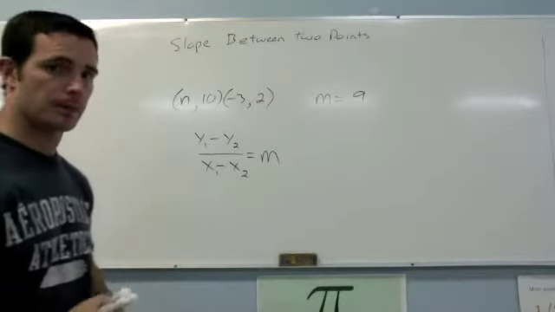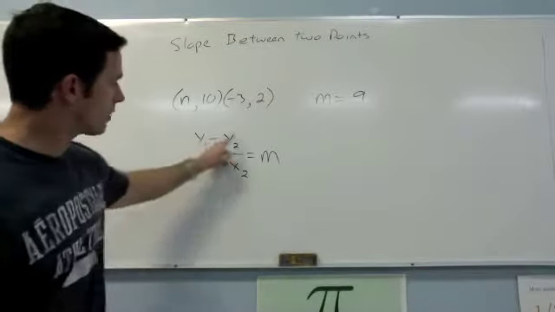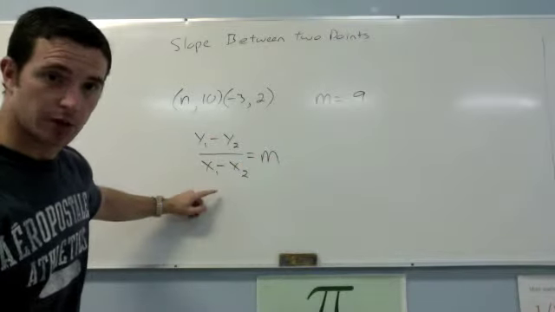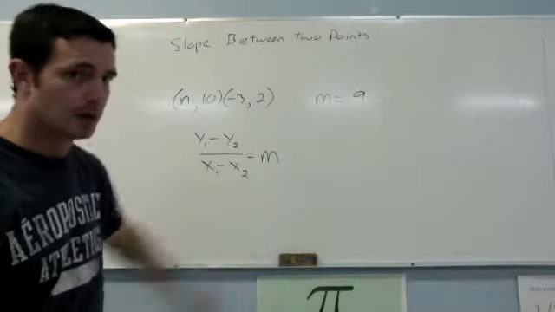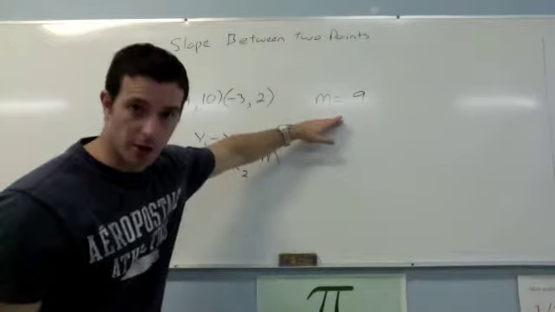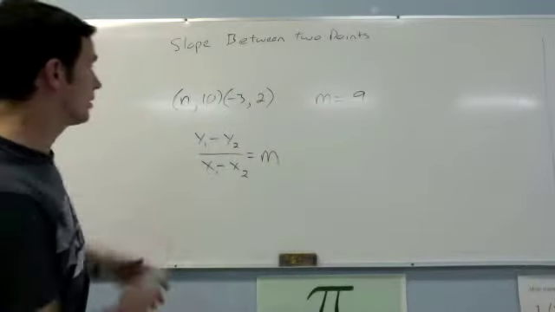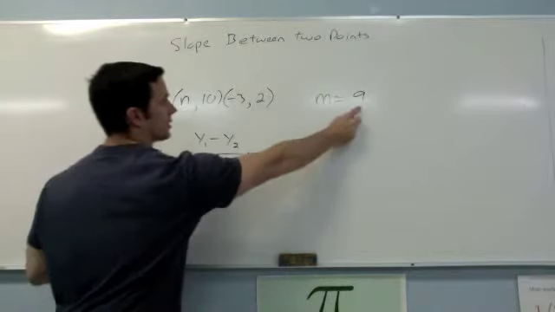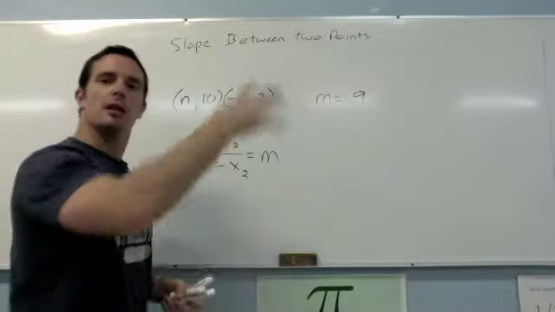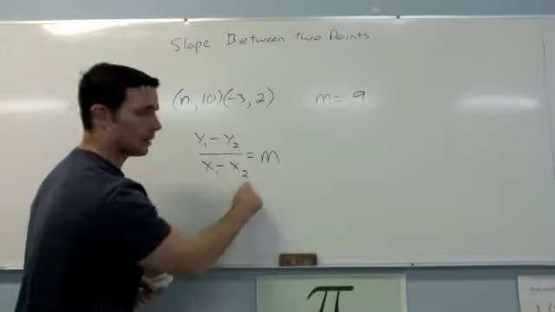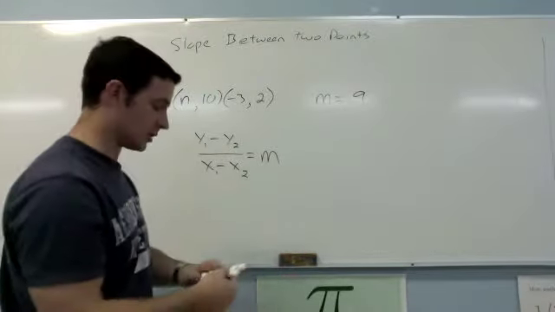Right now, the formula is made up of 5 numbers. 1, 2, 3, 4, 5. I have 4 numbers and a variable. Plug the numbers in where they belong, and then solve the equation.